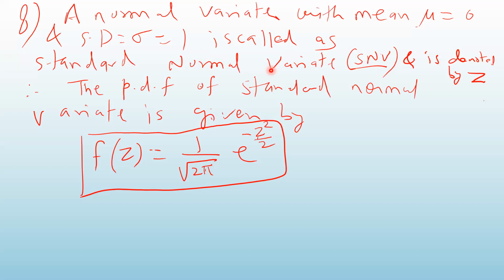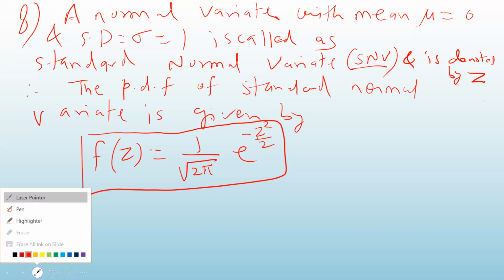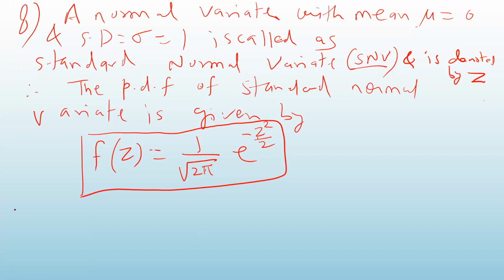Okay, so you see that our probability density function, for the normal variate x, was given by this formula, correct? f of x is equal to, as I told you in the beginning, 1 upon square root of 2 pi sigma, e raised to minus x minus mu whole square upon sigma.